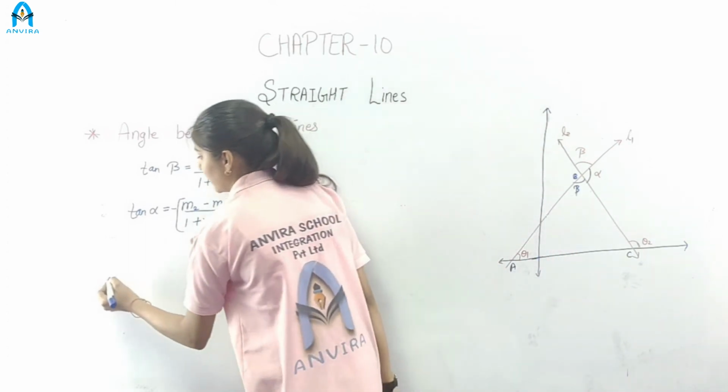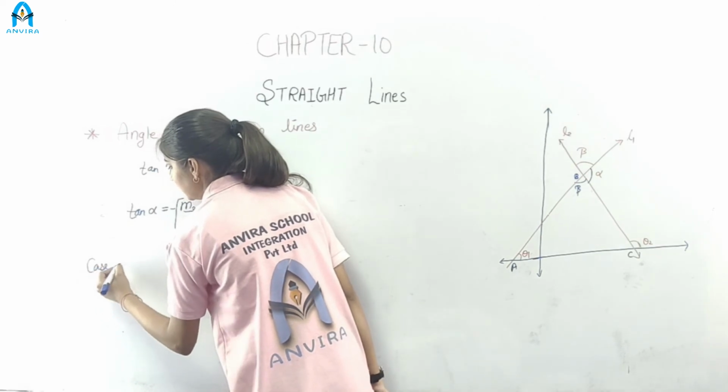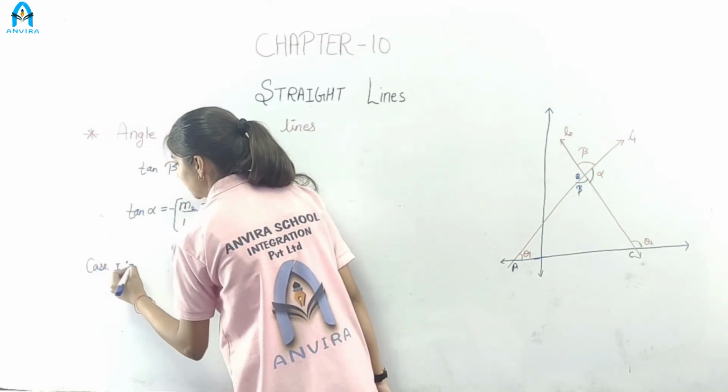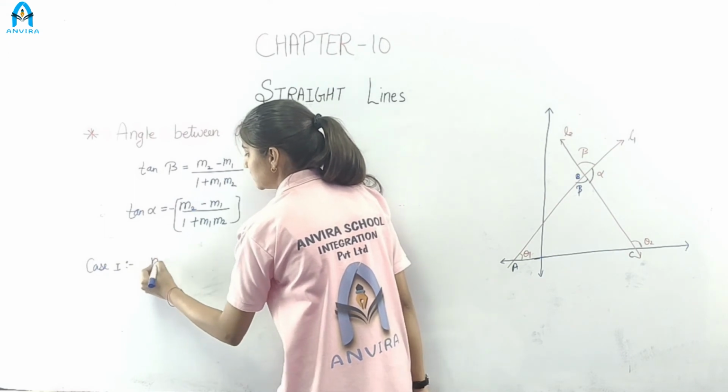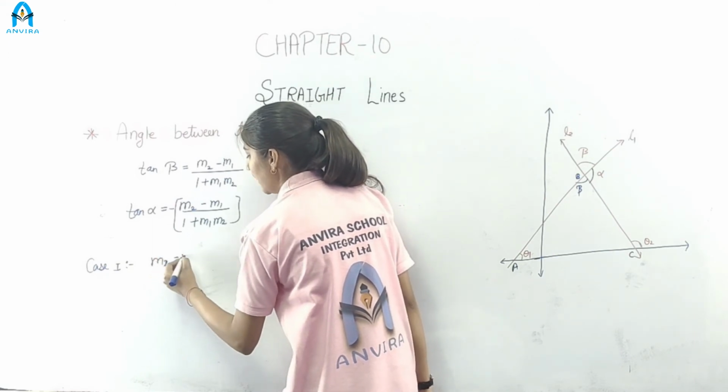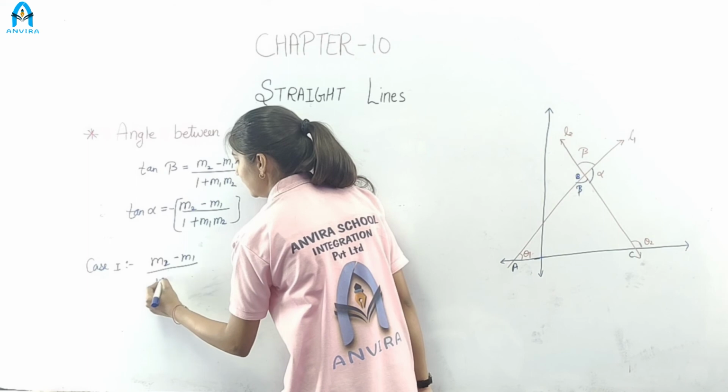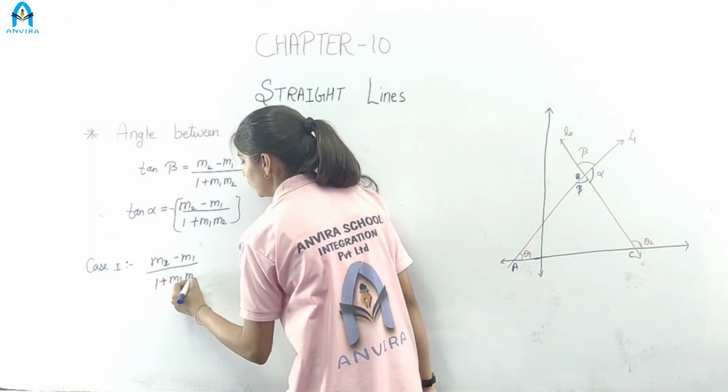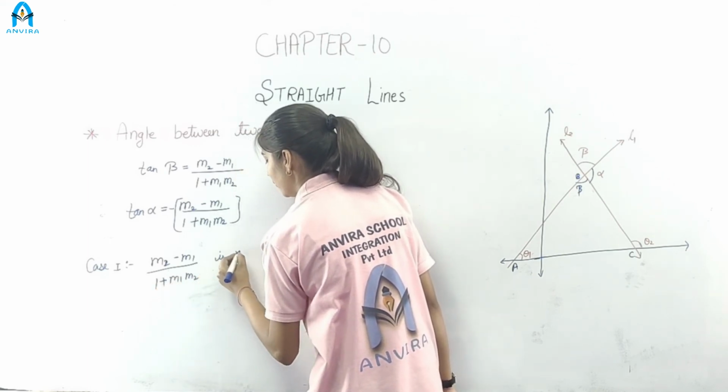So from here, let us take case first. What is our case first? In which m2 minus m1 upon 1 plus m1 m2 is positive.